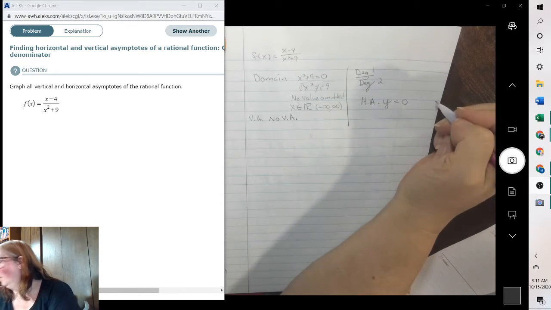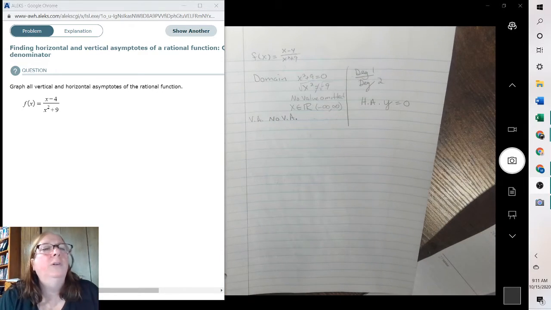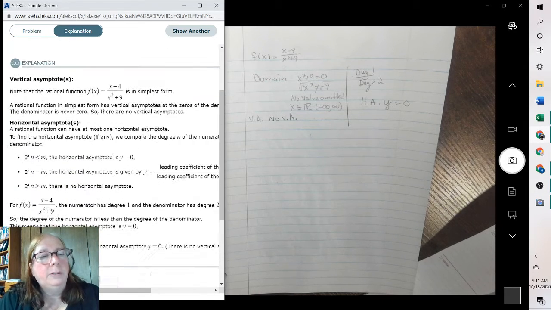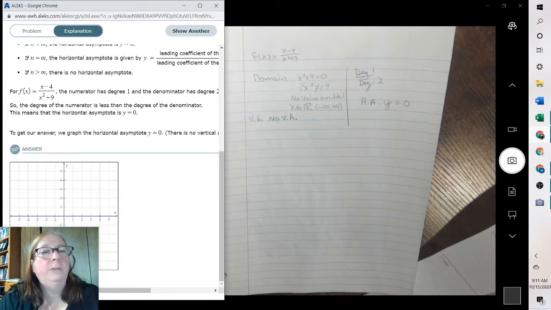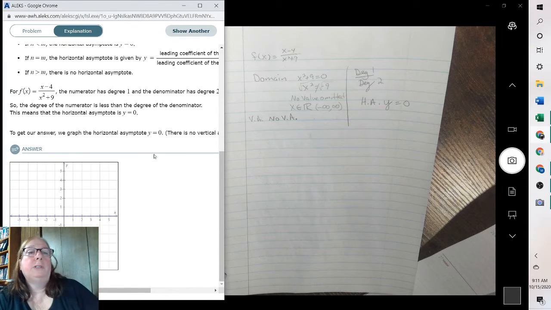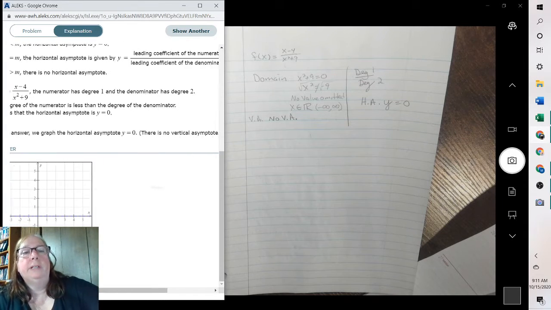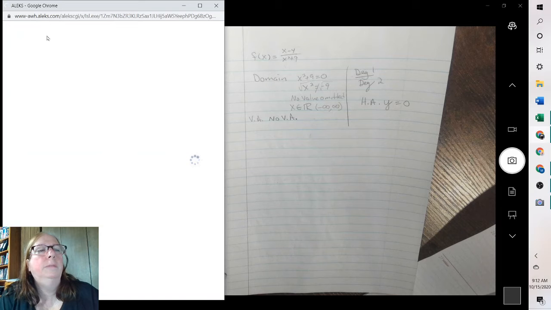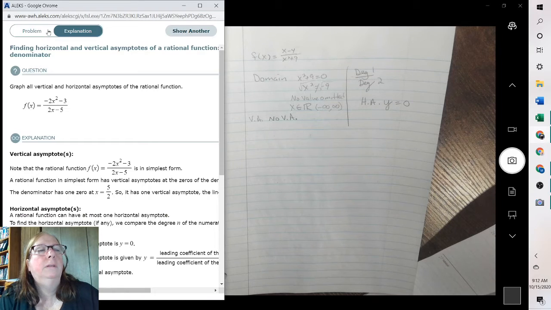So there's a horizontal asymptote at 0, but there's no vertical asymptote. I wasn't sure how they'd ask you.